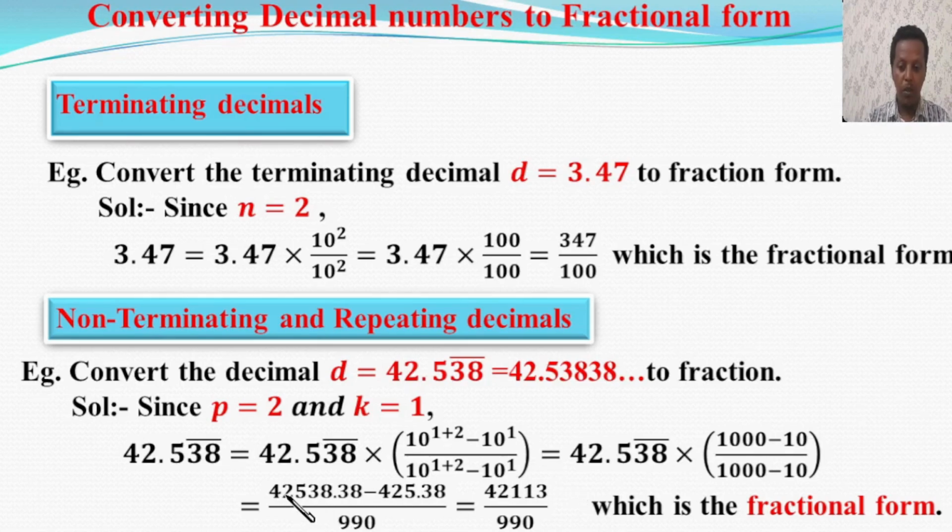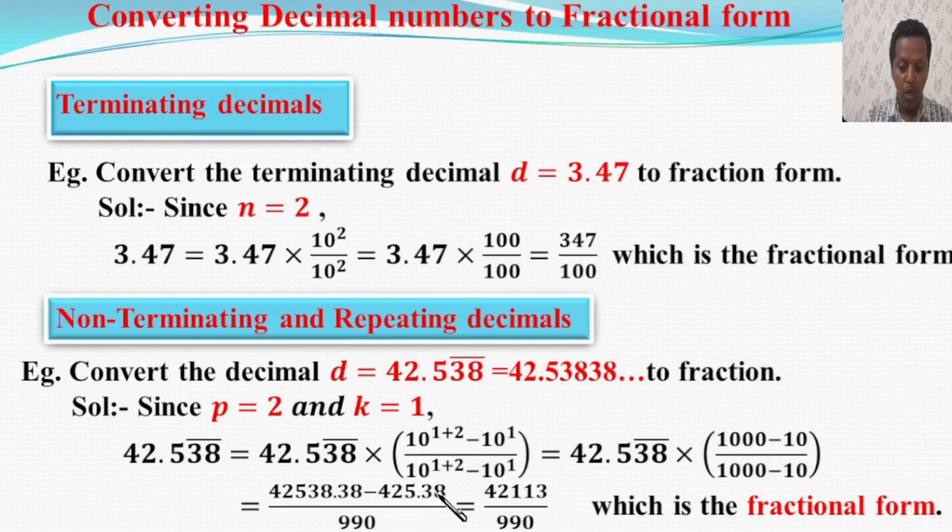So when you multiply by 1000, the decimal point will move 3 steps to the right. So you will get what? 42,538.38 repeating. And minus, multiplication is distributive over subtraction. So times 10 means you move the decimal point 1 step to the right. You will get what? 425.38 repeating.